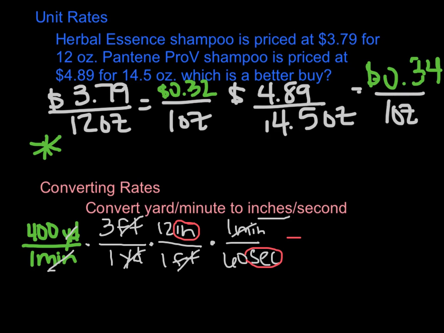Once you've worked to get your labels correctly, then it's a matter of multiplying the numbers on the top and multiplying the numbers on the bottom. So on the top you have 400 times 3 times 12, and on the bottom you have 1 times 1 times 1 times 60.